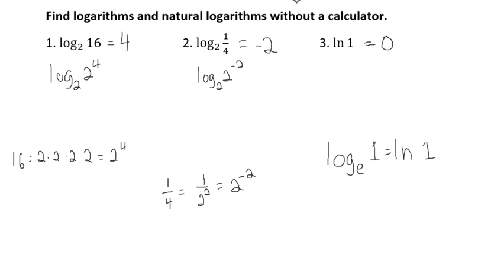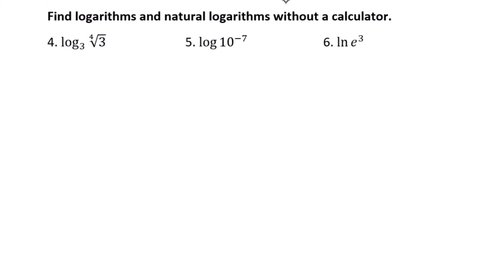All right, let's look at some more examples. Okay, so how do we take this 3 and put it in this base of 3? Well, this is the fourth root, and if you remember, we have the exponent. We can rewrite this as a fractional exponent.